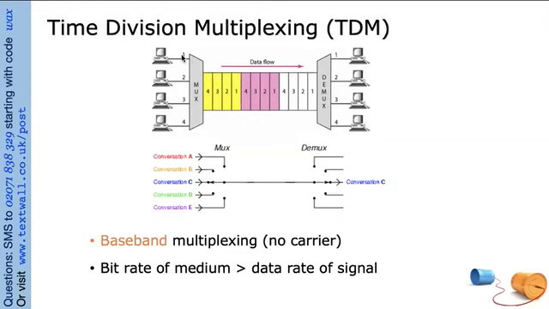If your signals are analog, you need to sample them, and the sample rate needs to be at least the Nyquist rate for the highest frequency amongst them. So if you have conversation A, B, C, D, E, and let's say E has the highest bandwidth, then your sample rate will have to be at least the Nyquist rate for conversation E, meaning even if E is critically sampled, A, B, C, and D will be oversampled.